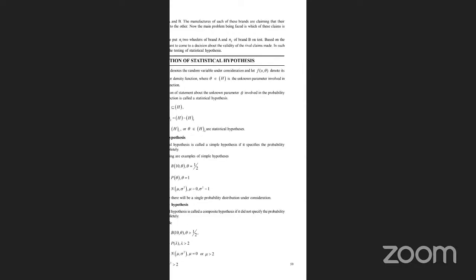So what is the definition of statistical hypothesis? Suppose X denotes the random variable under consideration and let f(x, theta) denote the probability mass or density function, where theta belongs to H is a parameter. Here, H0 is the null hypothesis and H1 the alternative hypothesis.